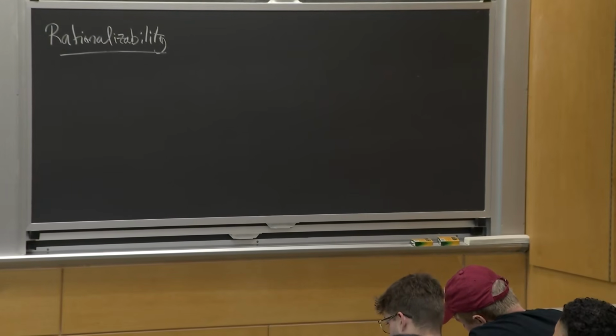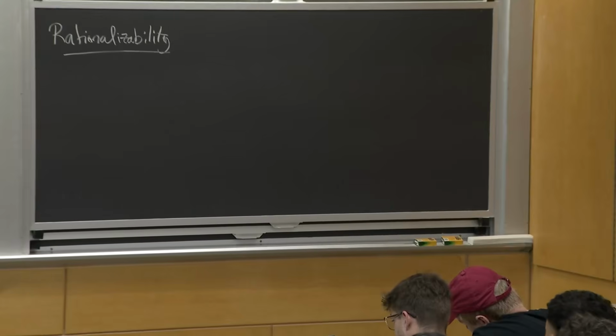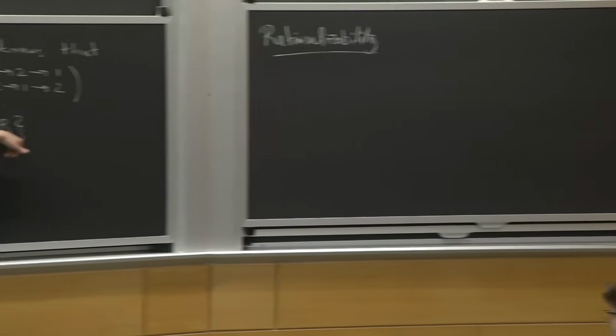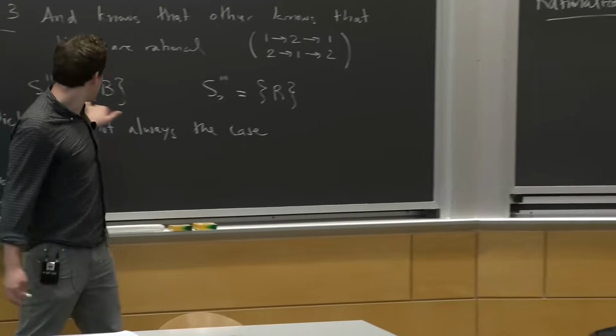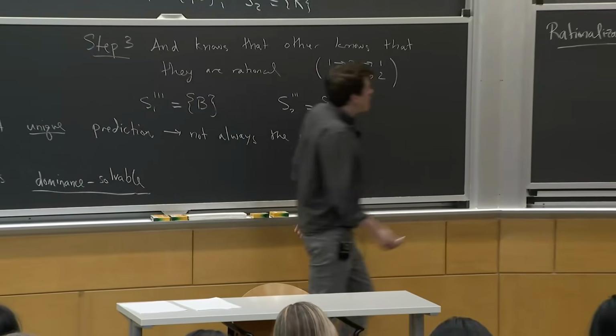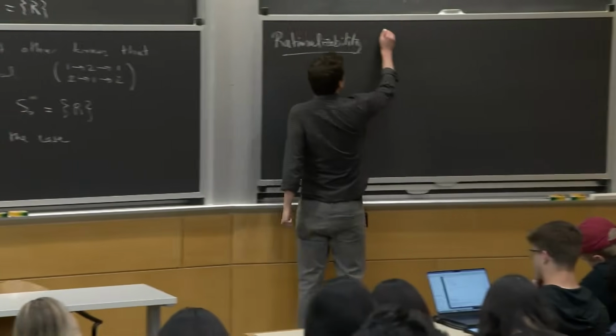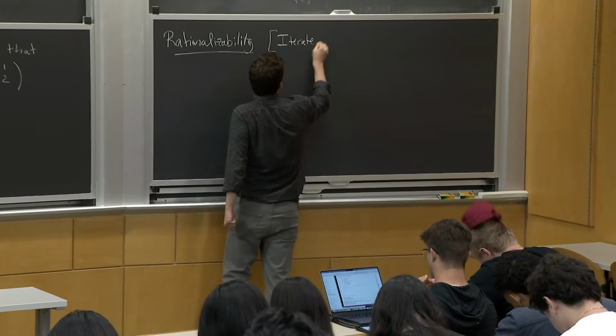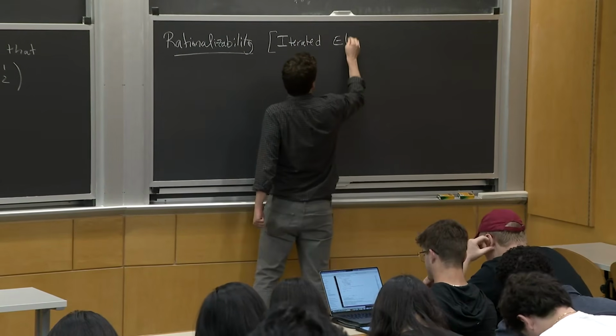So in this example, we would say strategy B is rationalizable for player 1, and strategy R is rationalizable for player 2. But the procedure we use often goes by a different name, which is the iterated elimination of strictly dominated strategies.